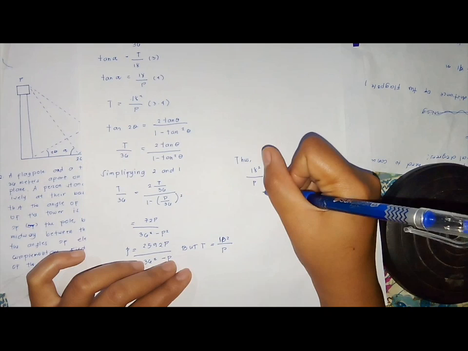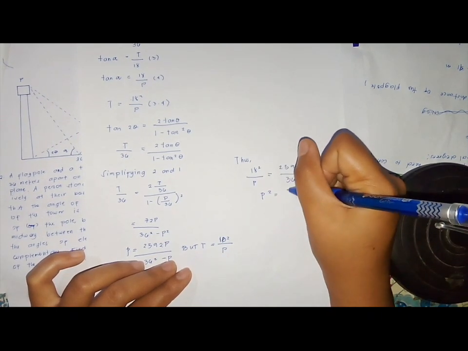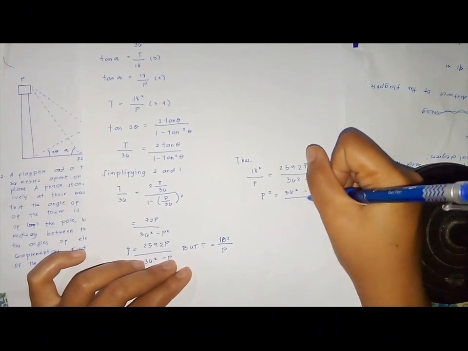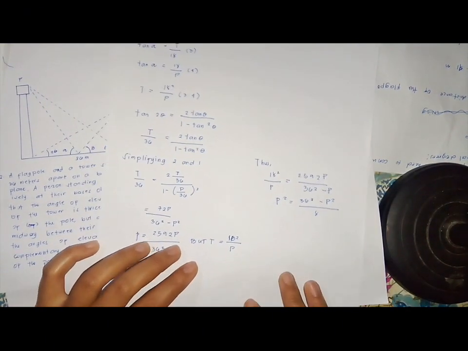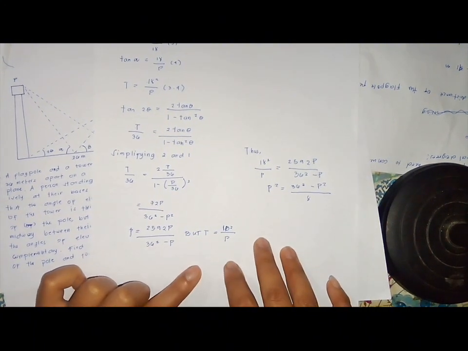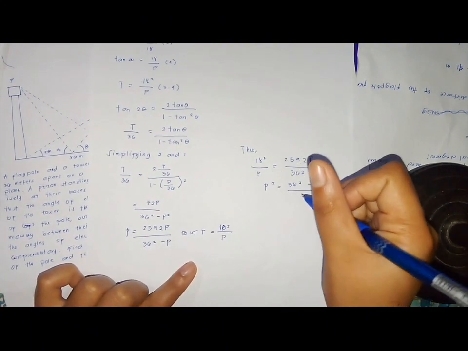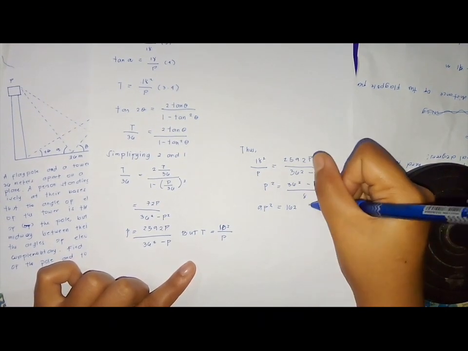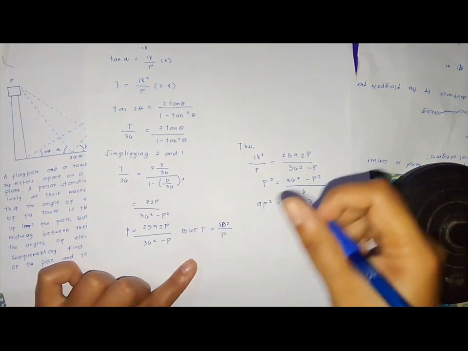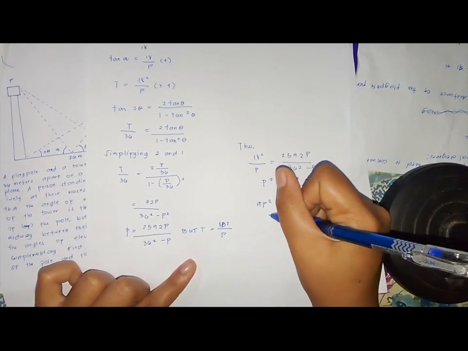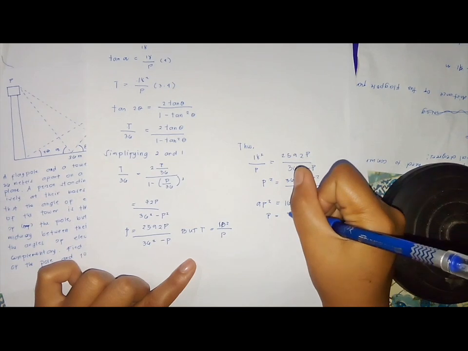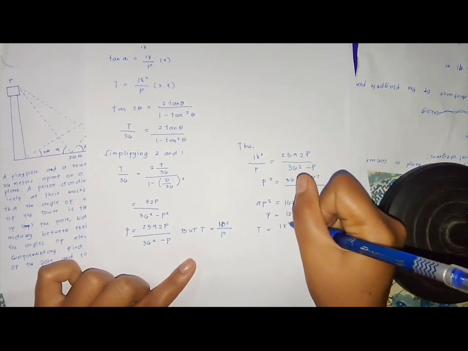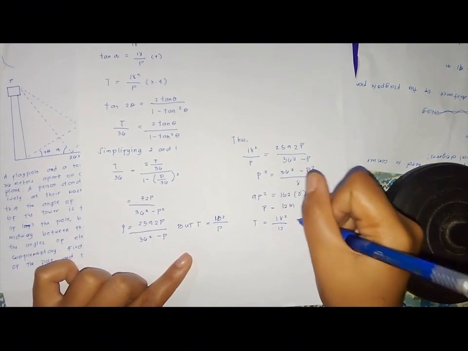So, P squared, 36 squared minus P squared over 8, 9P squared is equals to 162, so T is equals to 18 squared over 12.